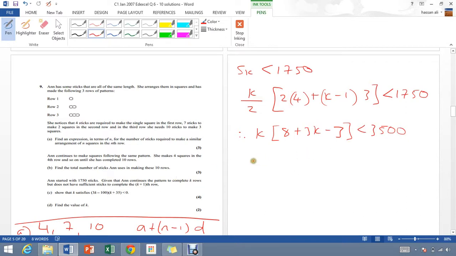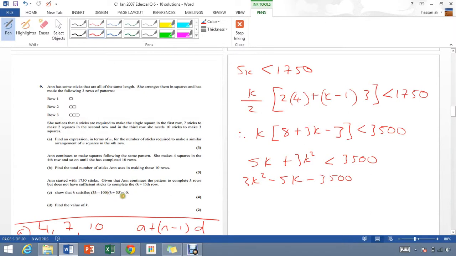Now if I simplify this, I will have 8 minus 3, which is 5, so that will give me 5k plus 3k squared, and all of this has to be less than 3,500. Now you should be able to see there's a quadratic being formed, so if I take that and rearrange it so that it looks like a quadratic, minus 3,500.